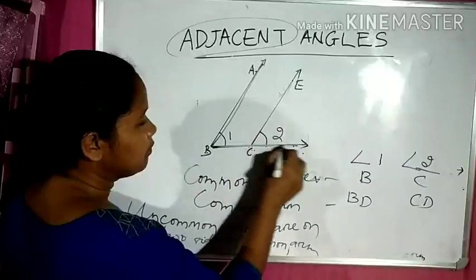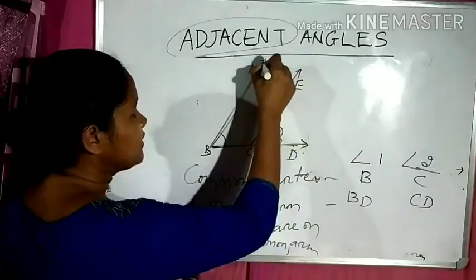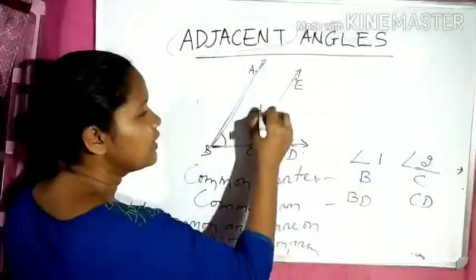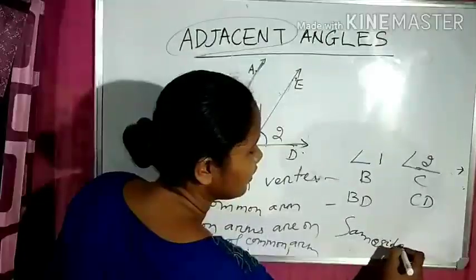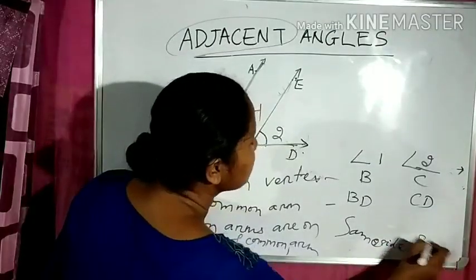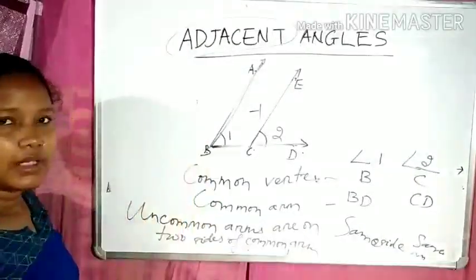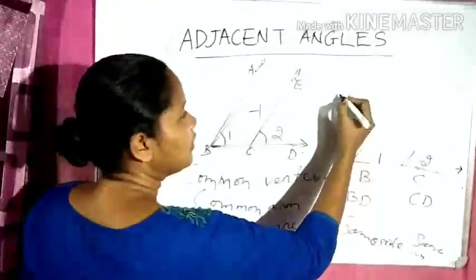If BD is the common arm, then BA is on one side and CE is also on one side. They are on the same side, not on both sides. So what is this showing?